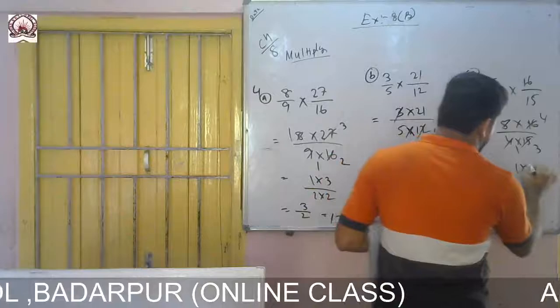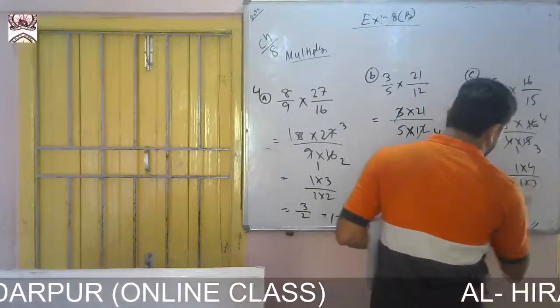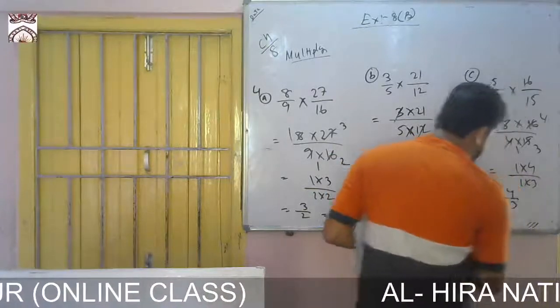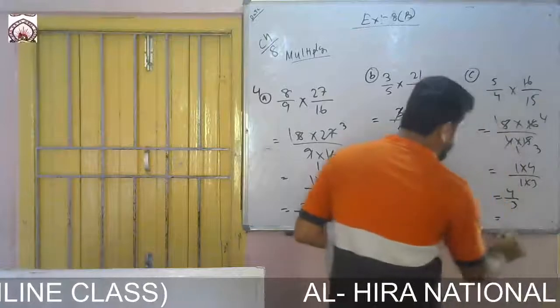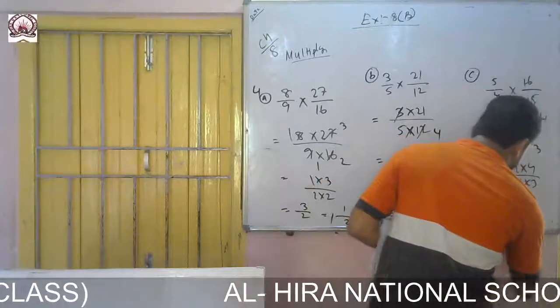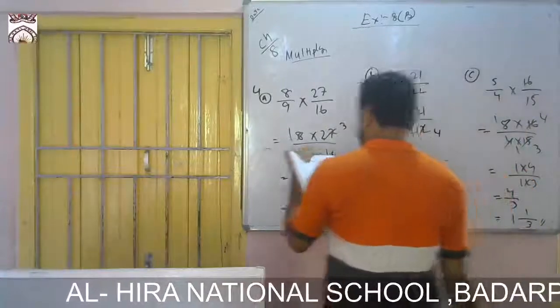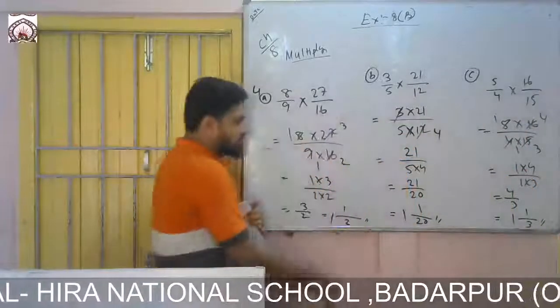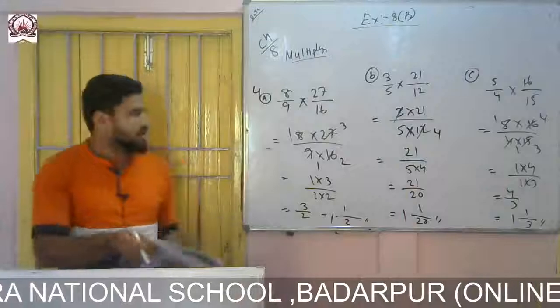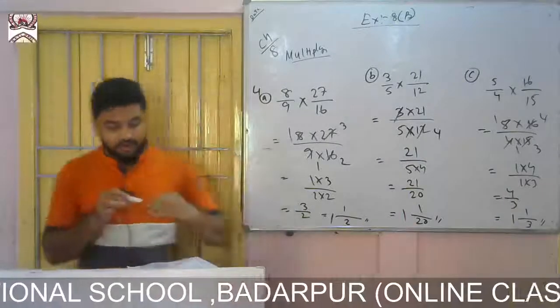So remain 1 into 4 by 1 into 3. It is 4 by 3. Now take into mixed fraction. So 3 1 jar 3 and remain 1. 1 whole 1 by 3. So that is the required answer.